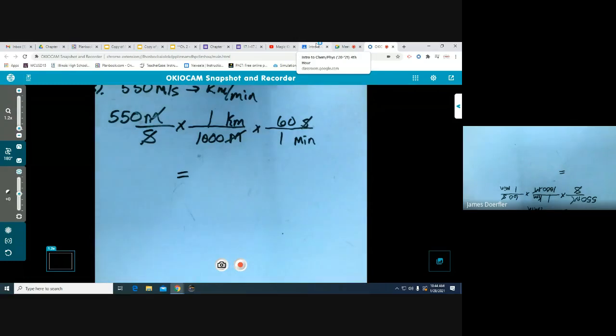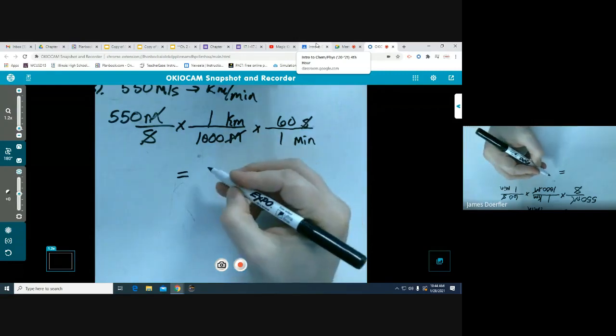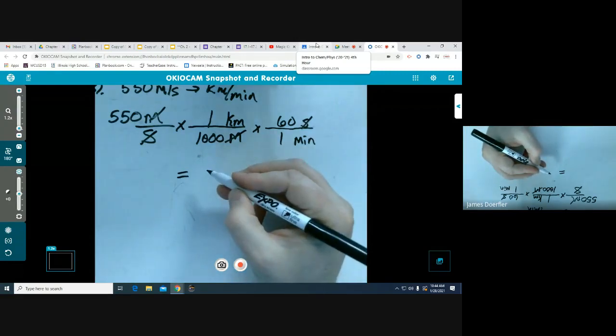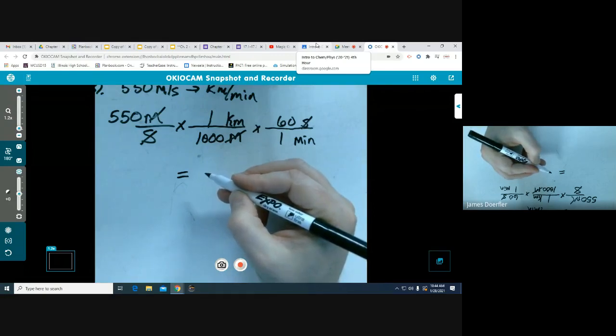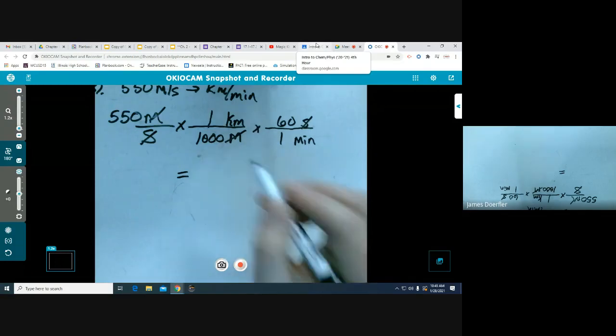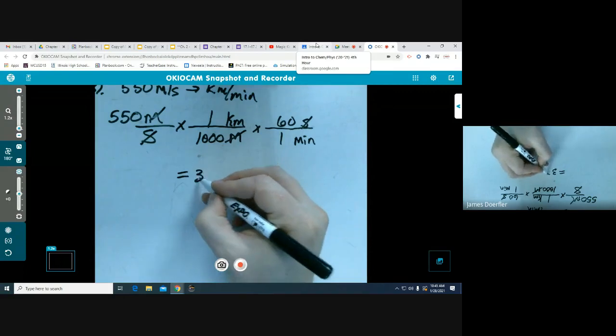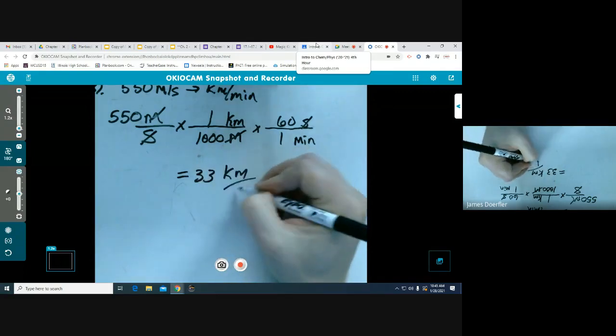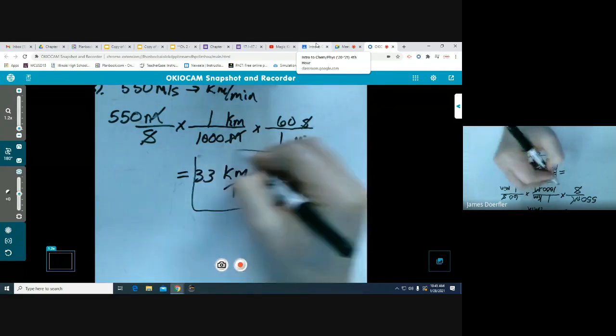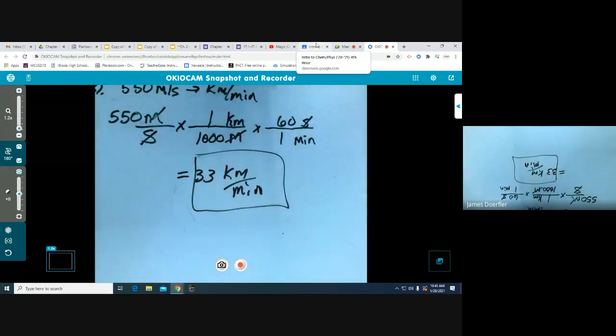And so calculate that. Let me know what you get. Don't forget your units. Hope you all have some calculators out there. Today you can use your phones, okay? For calculating reasons, that is. 33 kilometers, however you want to say it, per minute.